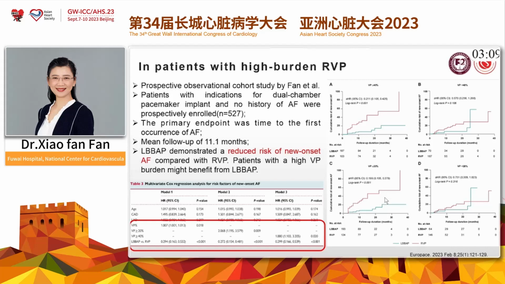And this study is also from our team, and I think this study is very important because we include all patients without history of atrial fibrillation, and our study showed that the LBBAP could significantly reduce the risk of new onset atrial fibrillation compared with RVP.